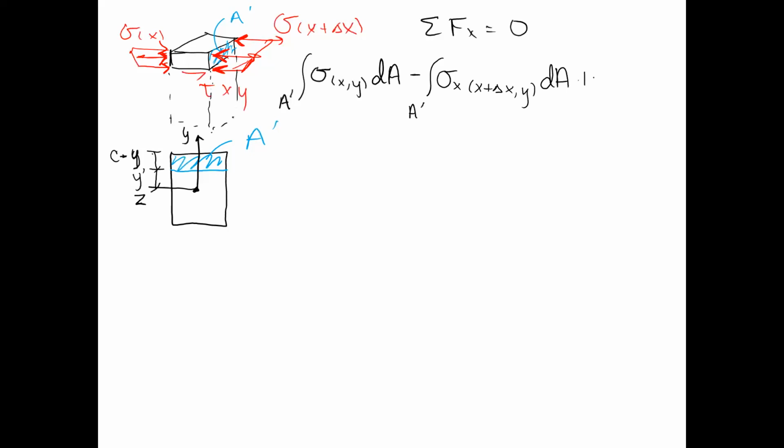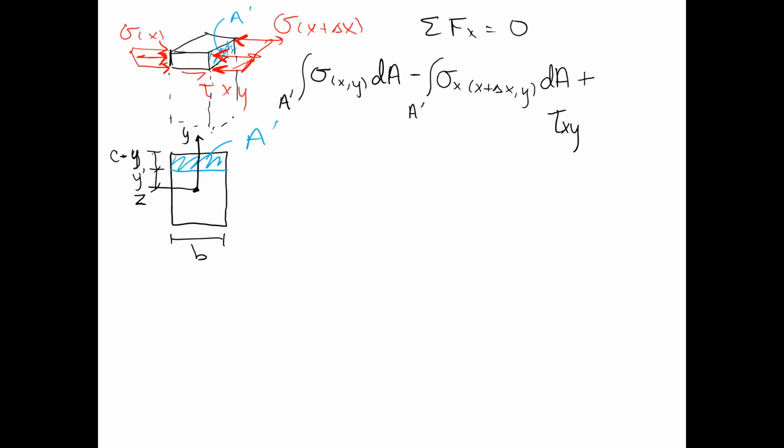Good, then I have some shear stress, tau xy. And we're going to assume that the shear stress distribution is constant throughout the thickness B. So from side to side, we have a constant value of shear.